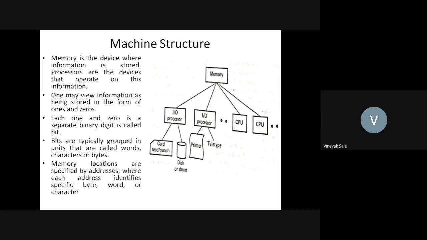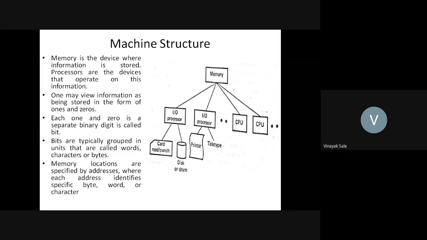There are two types of input output processors: first, card reading or punch and database, and second, printer and screen or teletype. Then third, a CPU. So memory is a device where information is stored. Processors are the devices that operate on this information.